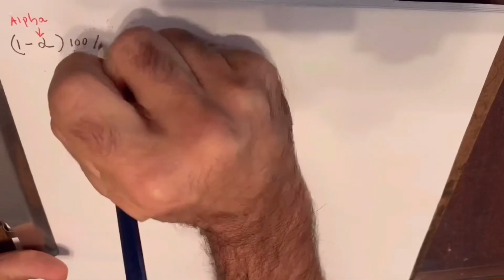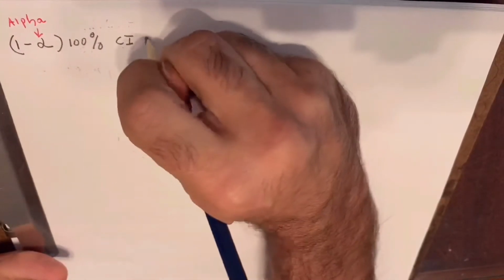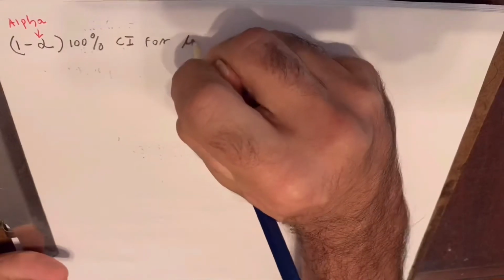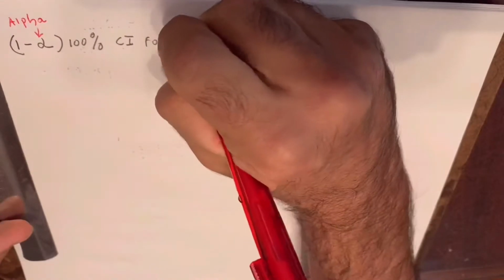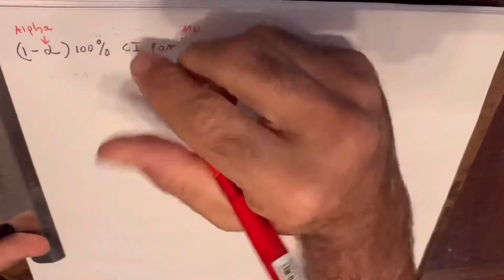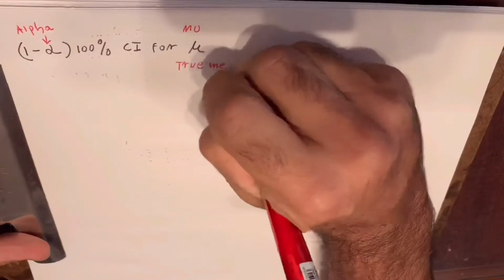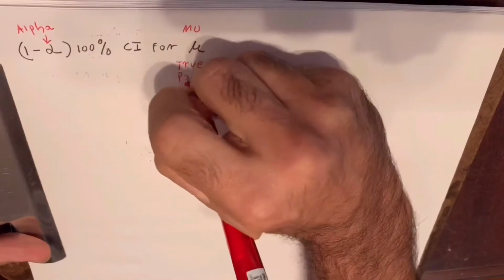One minus alpha times 100% confidence interval for the population mean. Now, the symbol for the population mean is the Greek letter mu. Sometimes the population mean is called the true mean. Or the population mean.